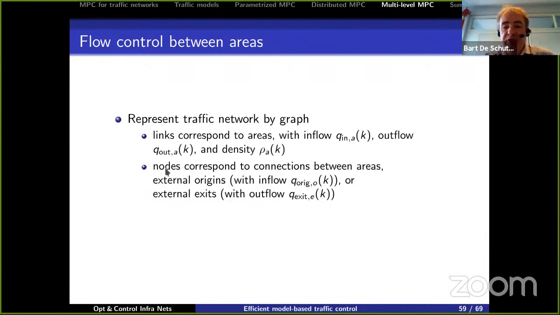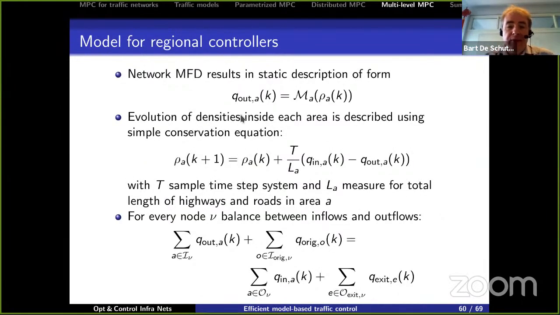In addition, we also have external inflows and external outflows, and they are also described with nodes, so external origins and external exits. And then we have, of course, the network macroscopic fundamental diagram that would relate the density inside an area with the outflow. So that's the first law that we're going to use.